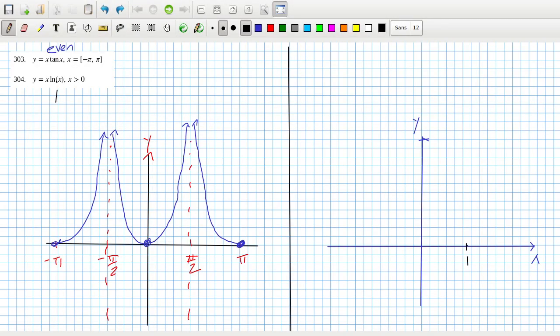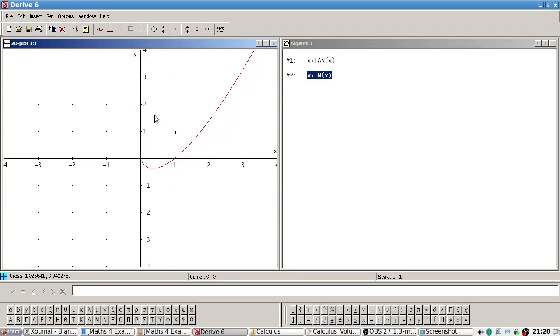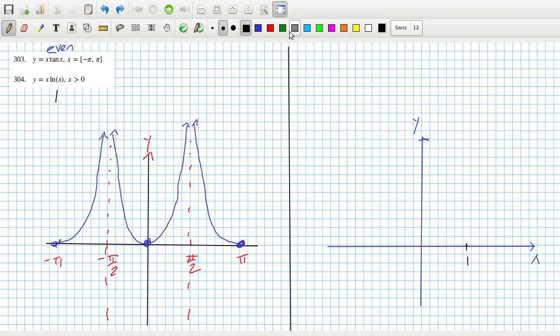This divergence to minus infinity doesn't happen quick enough to cancel out the x. So it does have a minimum point. So let's calculate it. The derivative is log x, product rule, plus 1 equals 0. So that means log x equals minus 1. So that means x equals e to the minus 1, which is about 0.2.